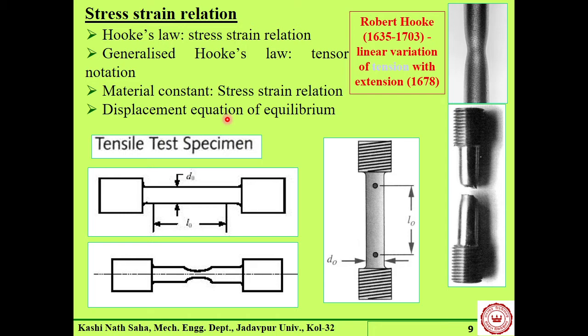All these things, this stress and deformation analysis, experimentation at least, or their relations, basically came from the observation of Robert Hooke. He was a British physicist, based in London.